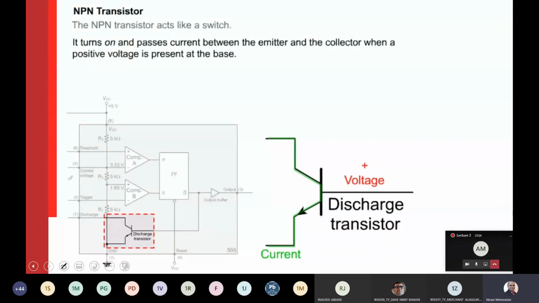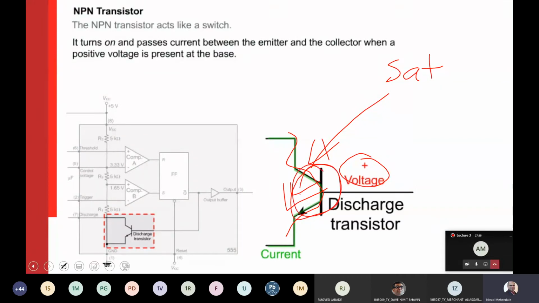Next is the discharge transistor. So whenever there is a voltage, there is a current. I don't know whether you have studied transistors in EEE, but a transistor has something called saturation mode, in which there are plenty of electrons available in the transistor and your current can easily flow. And then there is a mode called cutoff mode, where there is no current flow and your transistor acts as an open circuit, and that's why the name, transfer of resistor, transistor.